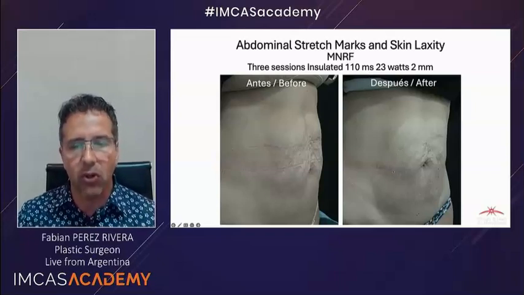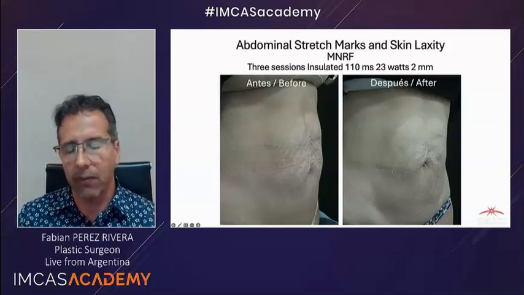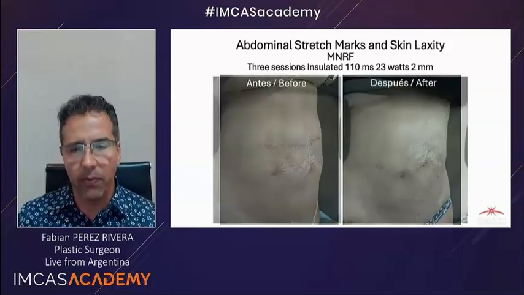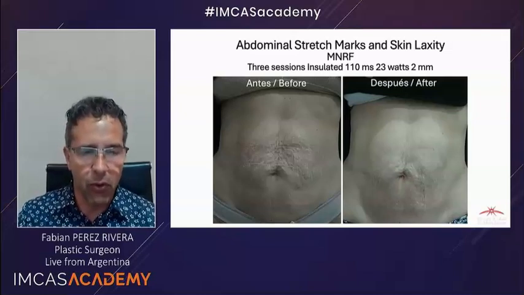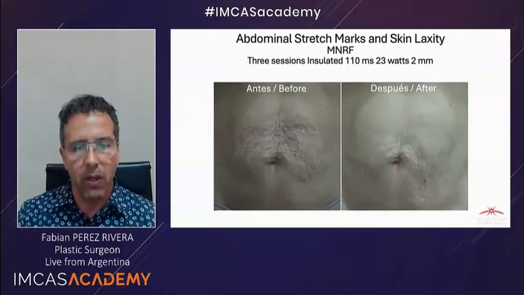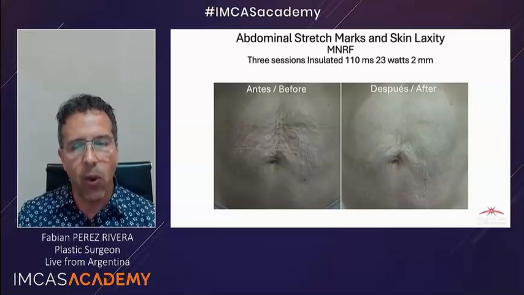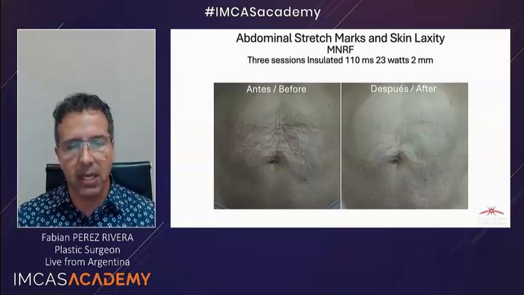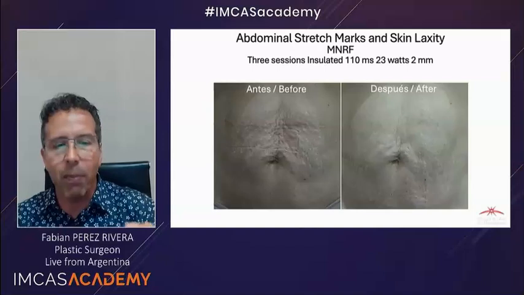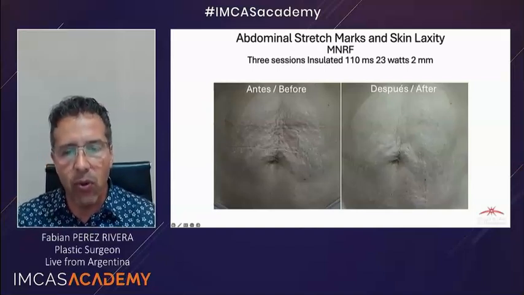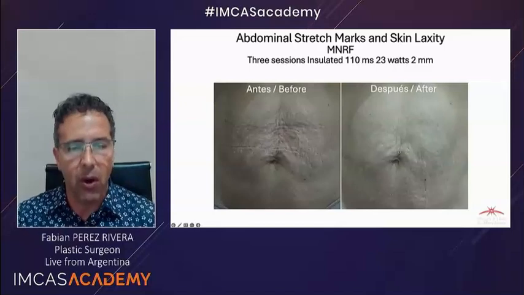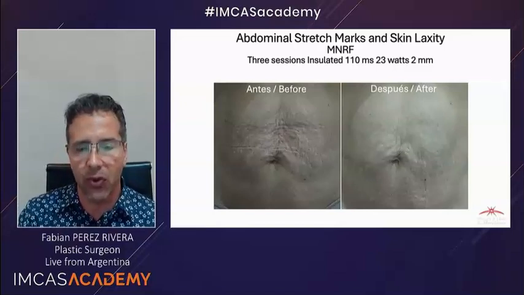This is my result in the half profile view. And we can see the patient in the front view, and with a close view, you can measure well the way I can smooth the skin, like if you pass an iron over the skin, and the way I have a reduction in the quantity of the striae.